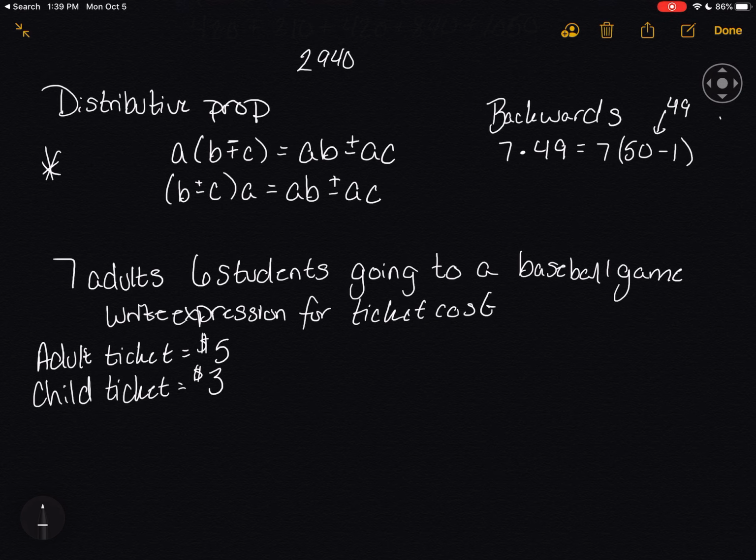And then if we have groups of 10 or more, tickets are $2 a piece. And if you're a senior, it's $3. So that would be over 60.